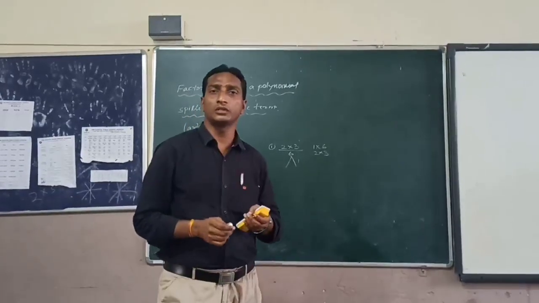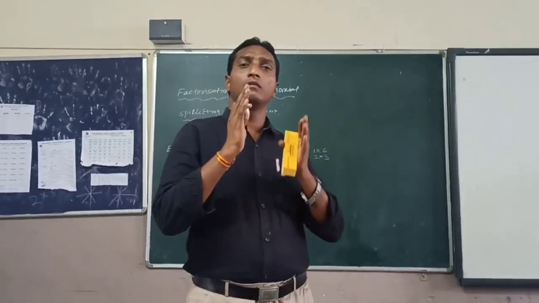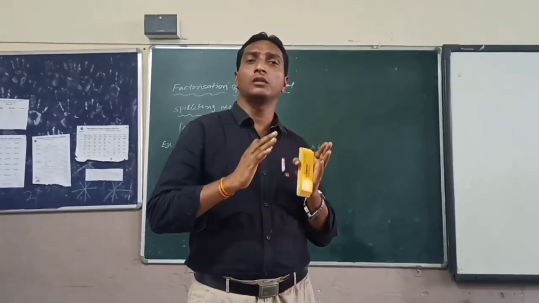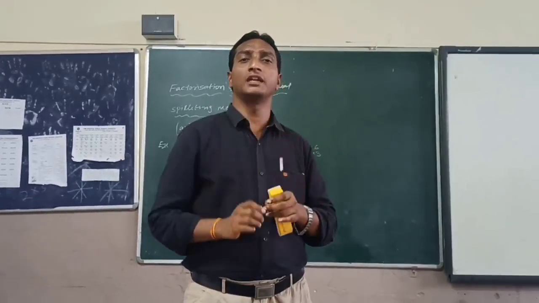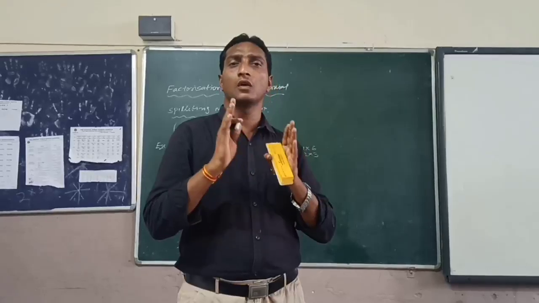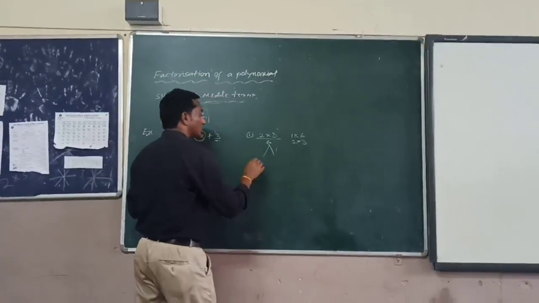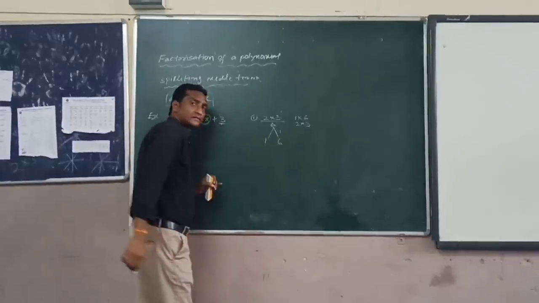Both are multiples, but we select the one that gives the middle term. So 1 into 6 is possible, since 1 plus 6 is 7. I am selecting 1 into 6.